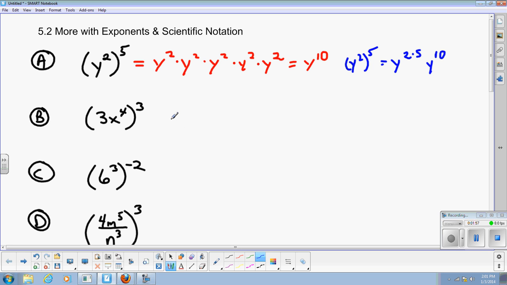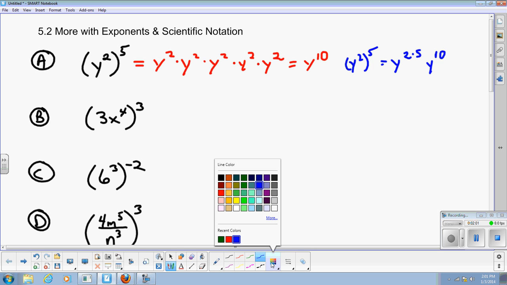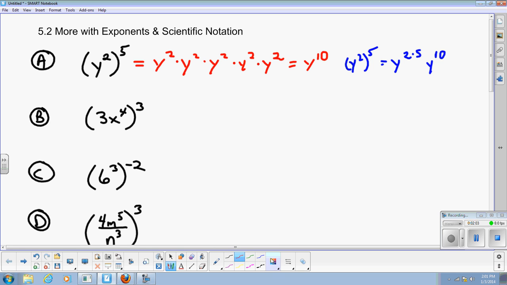This rule also can be applied in example B. So here in example B, I have 3x to the fourth, to the third power. Written out, it would look like this: 3x to the fourth times 3x to the fourth times 3x to the fourth. Since this is all multiplication, I can reorder this. I can put all the 3's together, and then all the x to the fourths together.